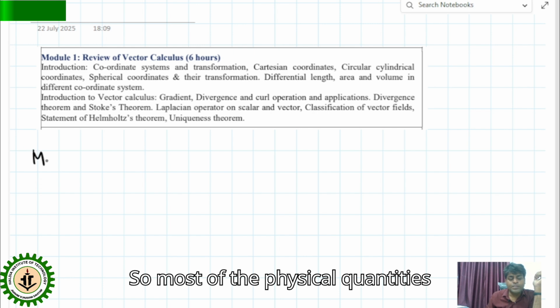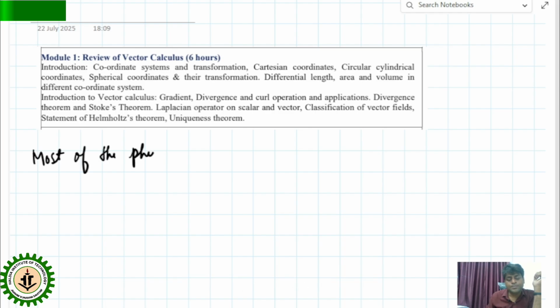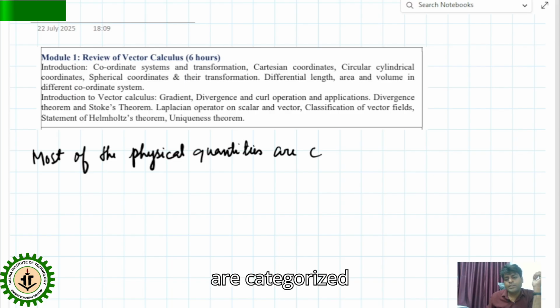Most of the physical quantities are categorized into two groups.